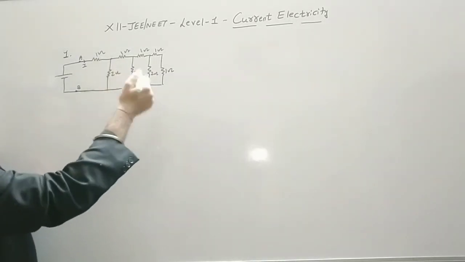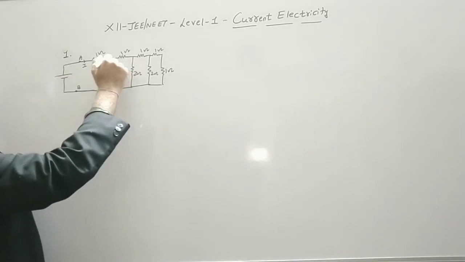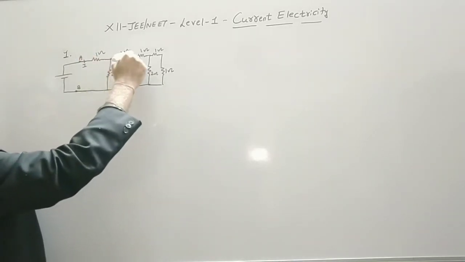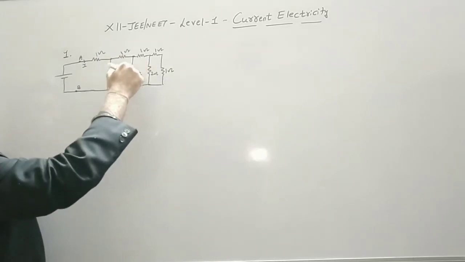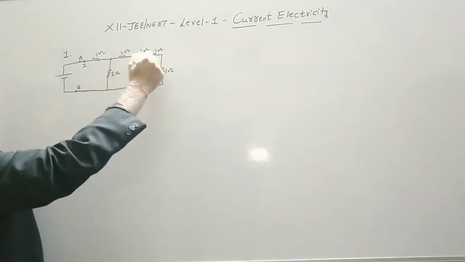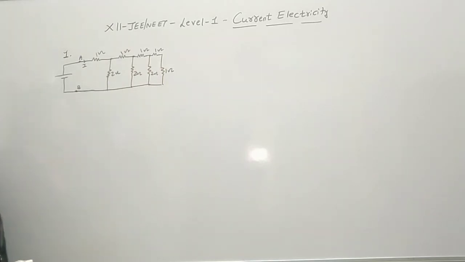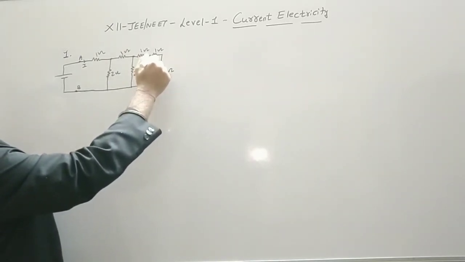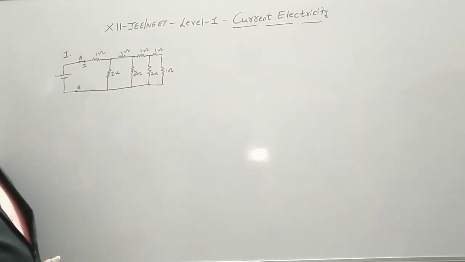Suppose the current in this branch is I1, so here it will be I minus I1, then again we have a junction, say I2, then it becomes I minus I1 minus I2, again we have a junction, let this be I3, so it will be I minus I1 minus I2 minus I3.